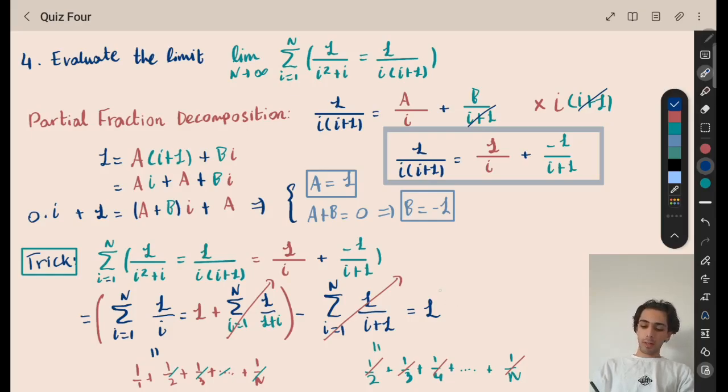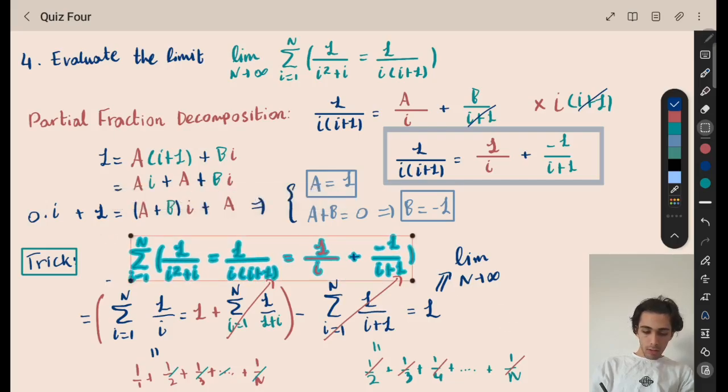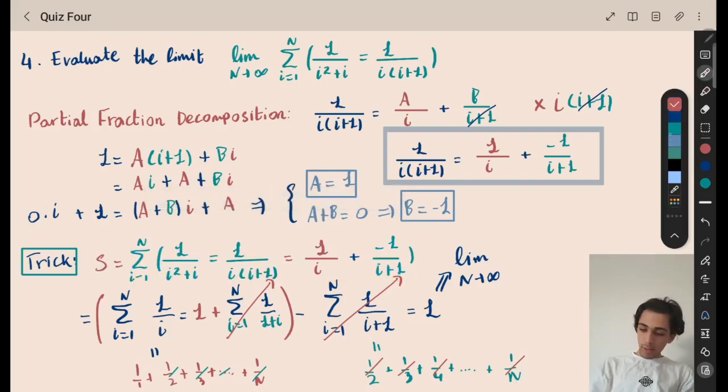And therefore, the limit as n tends to infinity, if I call this sum S, which depends on n, so I'll call it Sn, well, Sn is 1.